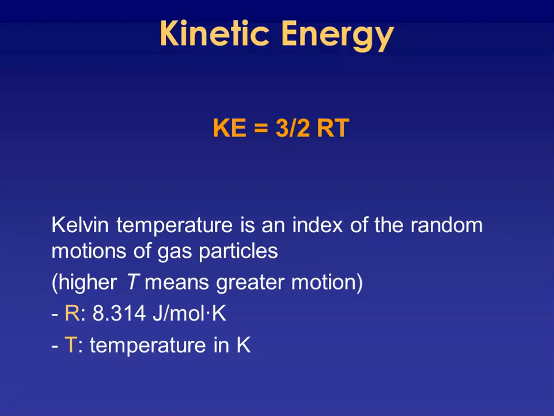And so when we take those two and put them together, we get that kinetic energy is equal to 3/2 RT. So it's an index of the random motion of your gas molecules, greater temperature, more motion. And so we use the constant in joules to be able to calculate this, 8.314 joules per mole Kelvin. And again, your temperatures have to be in Kelvin.